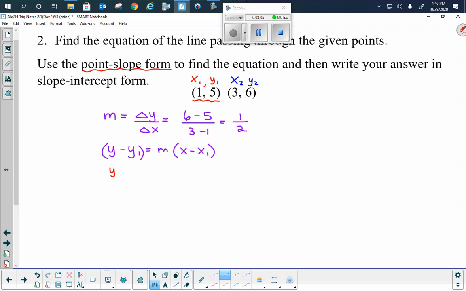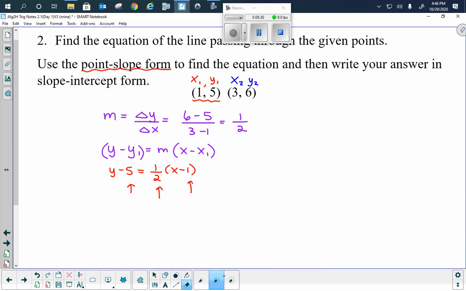Then I'm going to have y minus 5 equals a slope of 1/2 times x minus 1. That's point slope form, meaning you can read the slope off of it as 1/2, and you should be able to read the point off of it as 1, 5. That's big for AP Calculus.